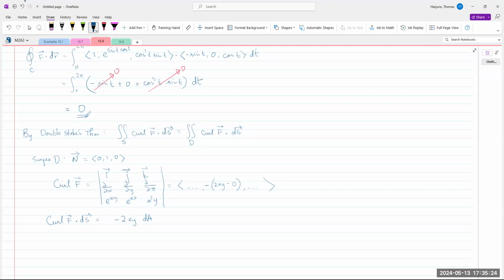But don't forget that on surface D, y equals 0. So our double integral over D of curl of f dot dS is the double integral over D of 0 dA.